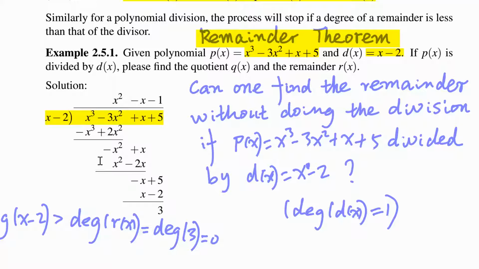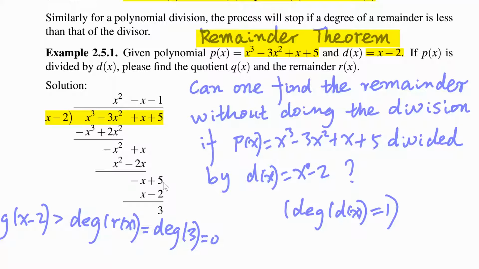Those x squared terms cancel, and positive x and negative 2x come out to be negative x. So we put a negative 1 right here. Negative 1 times x is negative x, but again we do subtraction, so we change the sign to positive. Then negative x and positive x cancel.